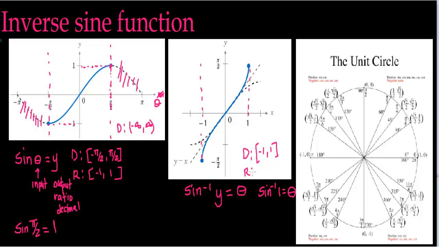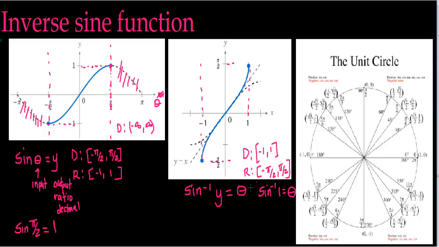And your range, which is your y values, goes from -π/2 all the way to +π/2. So notice how your domain and range switched. The domain and range in the original function and the domain and range in the inverse function are switched. The domain is now the range and the range is now the domain.